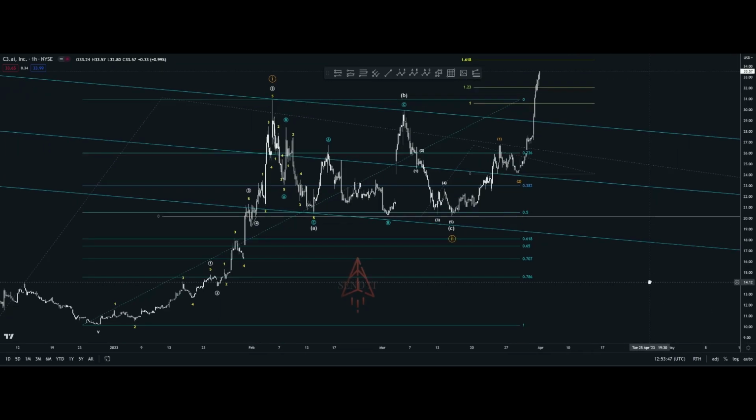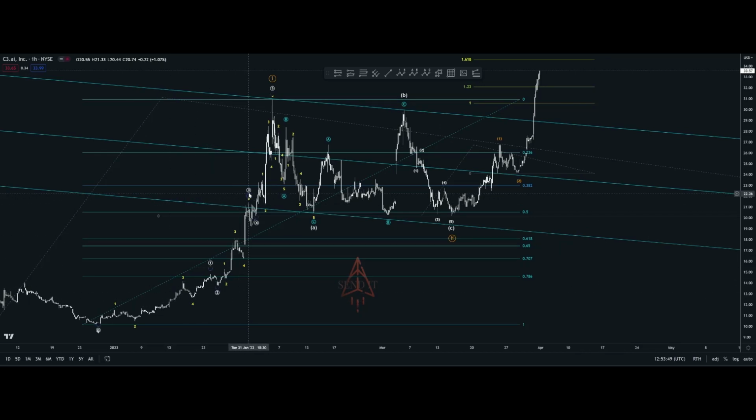I'm gonna show you something really quickly. There's an impulse here with the 1, 2, 3, 4, 5, and we're just gonna show you how typical it is to measure your third wave, and that it actually falls in this area of 1.618 and 1.75. And I'm gonna mention this over and over through this video.